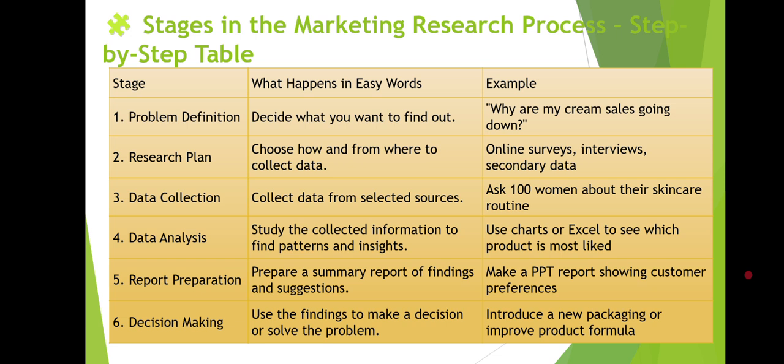For example, use charts or Excel to see which product is most liked. And next stage we have report preparation. That means we prepare a summary report of findings and suggestions. For example, make a PPT report showing customer preferences. Last step we have decision making, where we basically use the findings to make a decision or solve the problem, for example, introduce a new packaging or improve product formula.